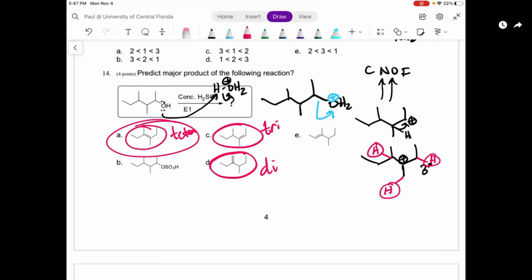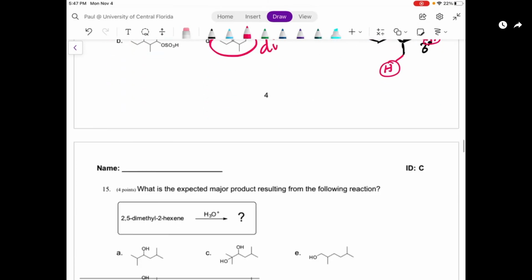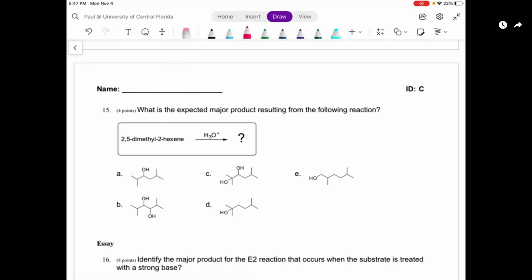All right. 15. What is the expected major product resulting from the following reactions? Well, obviously the first step would have to be, can we draw the starting material based off of the IUPAC name? And there's that molecule right there. That's how I drew it.